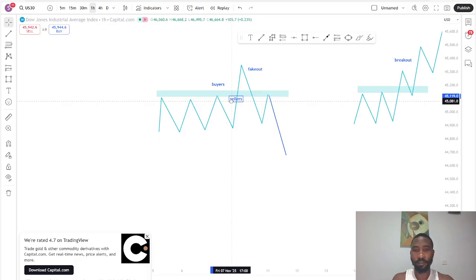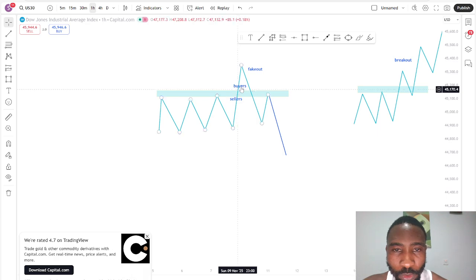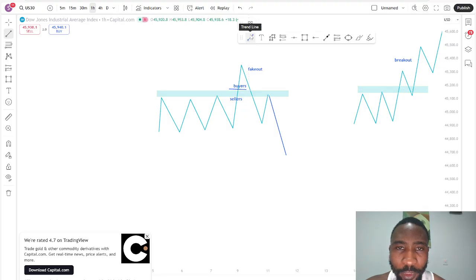Here, there are buyers here. So at this buy zone, they have their stop loss in this area, right? And the buyers have their stop loss exactly at the seller zone.